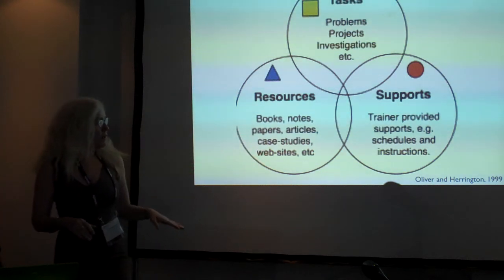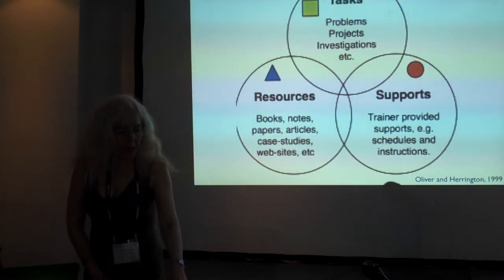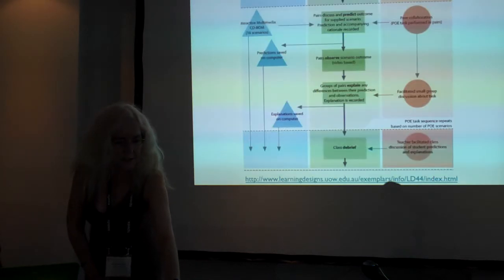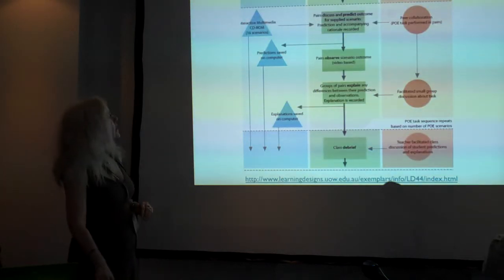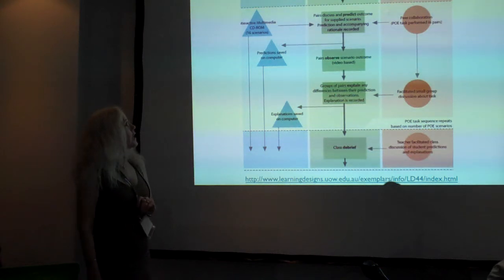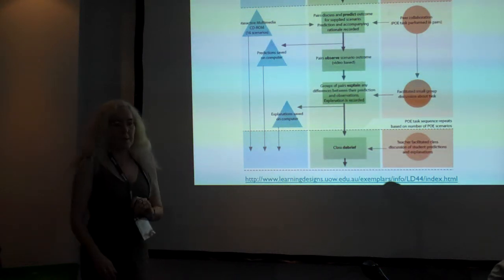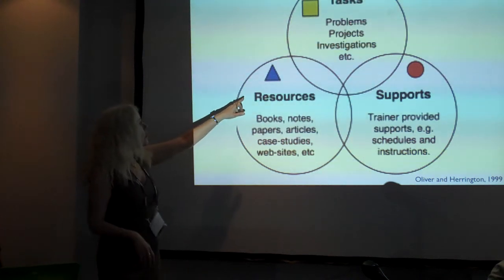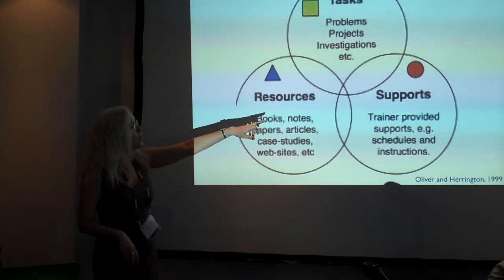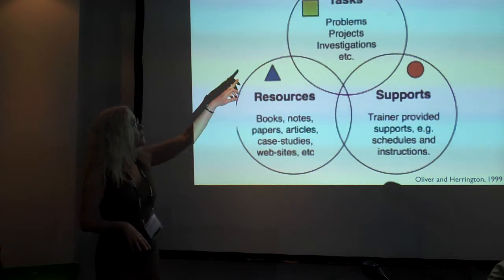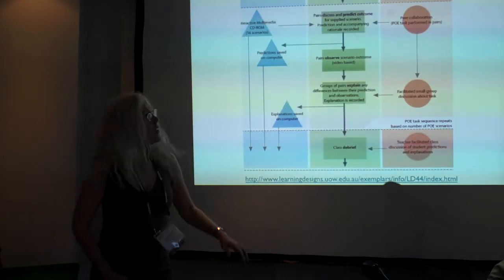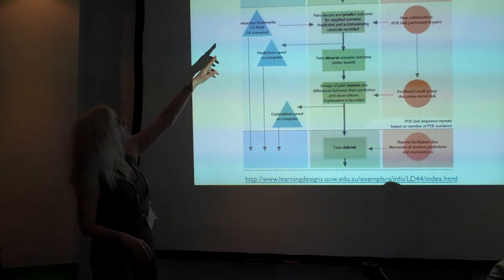This was developed by Ron Oliver and Jen Harrington, and has been used extensively in a number of settings. So this is the predict, observe, explain strategy represented in that notation. Just to remind you, the resources are in blue triangles, supports in red circles, and the tasks in the centre as yellow squares.